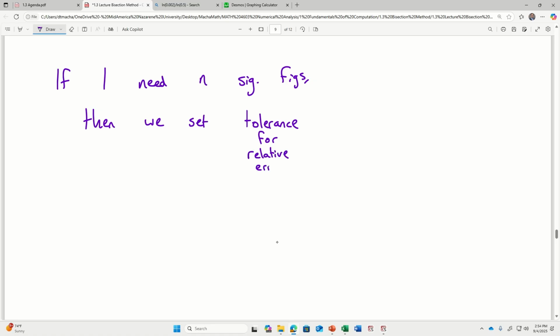If I need to report n significant figures, then we set the tolerance for relative error equal to 0.5 times 10 to the power negative n.